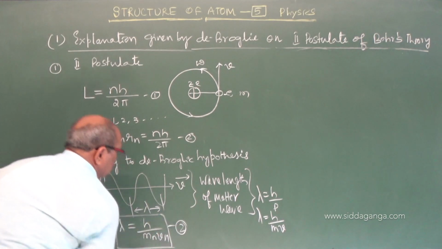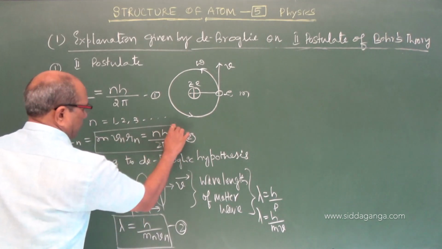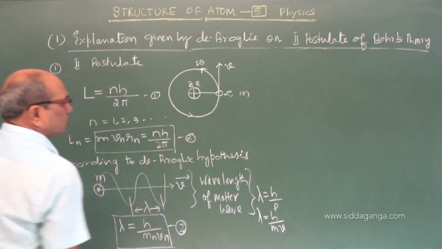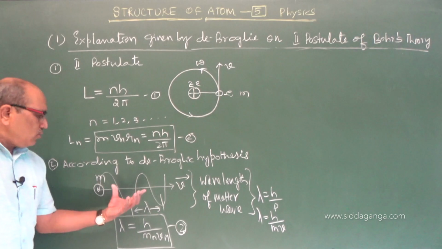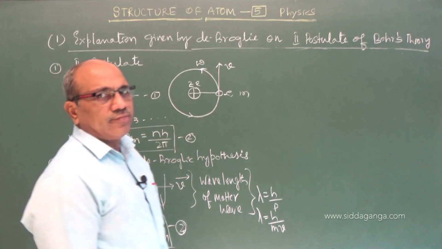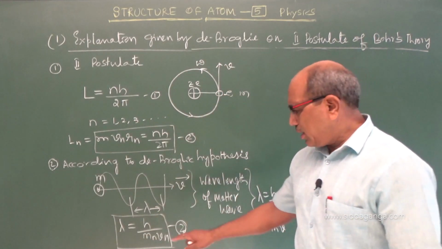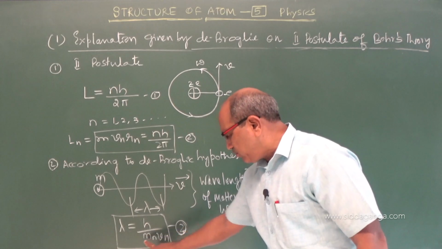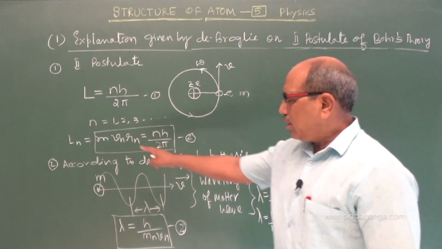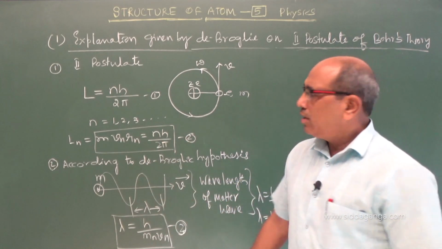So these two relations we have here, one, and this is the second one. Now this electron is behaving like a wave according to him. As the electron is behaving like a wave with wavelength equal to h upon mv, and mvr is equal to nh upon 2 pi.